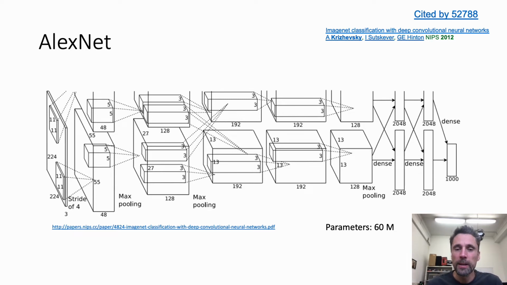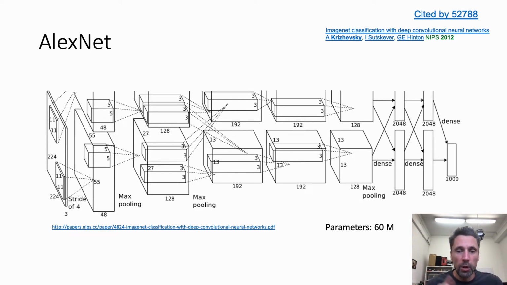And ImageNet is a much harder problem than MNIST, and therefore it's already clear that we need a little more power to increase the performance. But AlexNet also did a couple of small things differently. For example, it used ReLU, so rectified linear units, as activation functions instead of sigmoids.